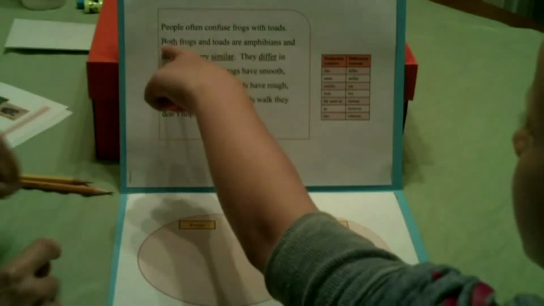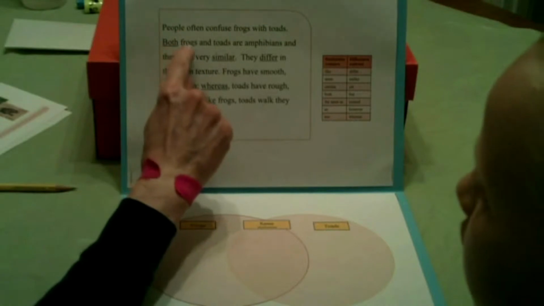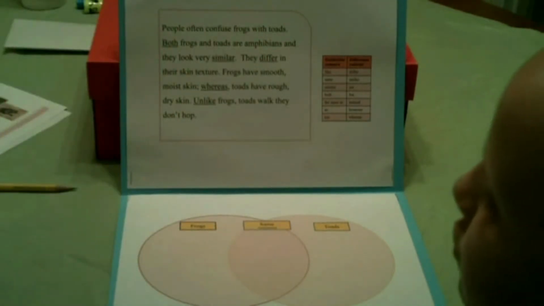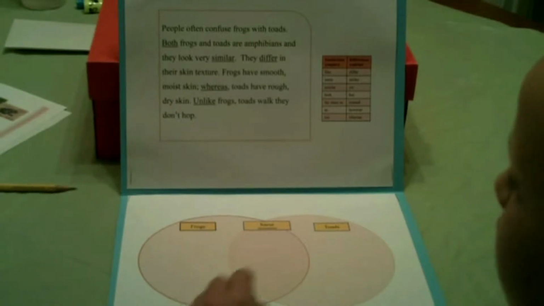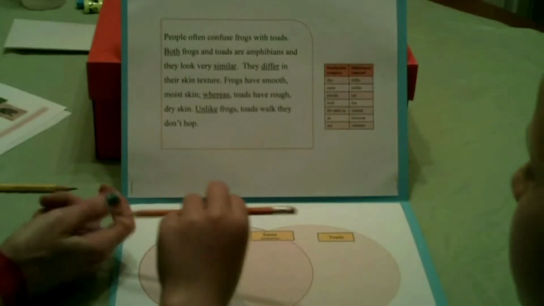So right here. Can I write the sentence down? So what we're going to do is just write key words, all right? So let's see. Both frogs and toads are what? Amphibians. Beautiful. So you write amphibians where? Point. Yes, because they are both amphibians. Ready, go.